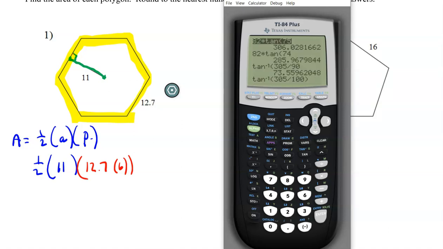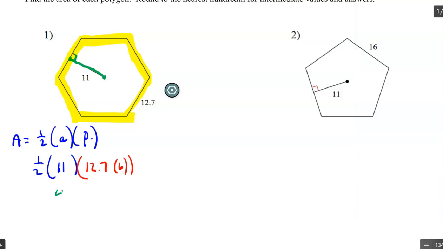So 0.5 times 11 times 12.7 times 6 should give us a grand total of 419.1. So 419.1 for that hexagon there.